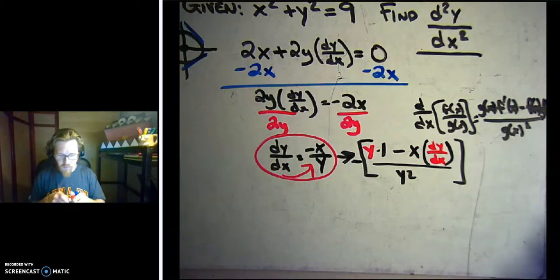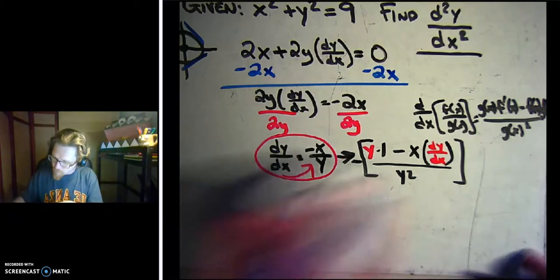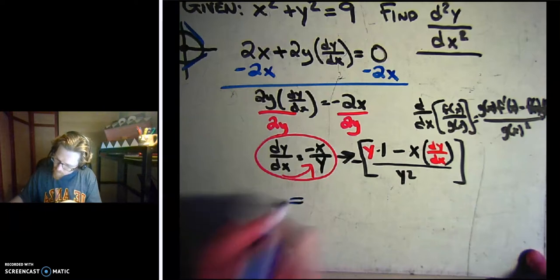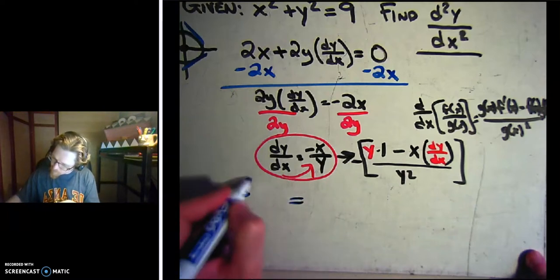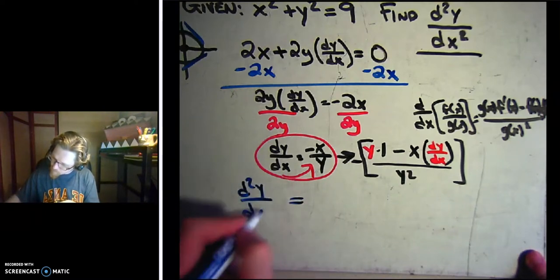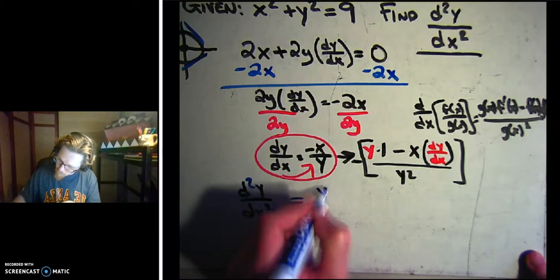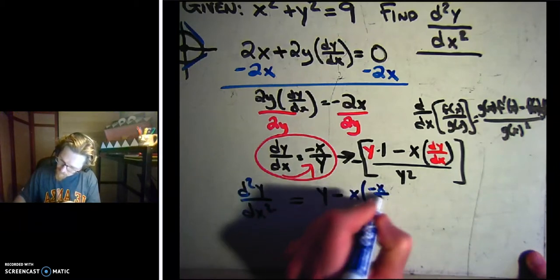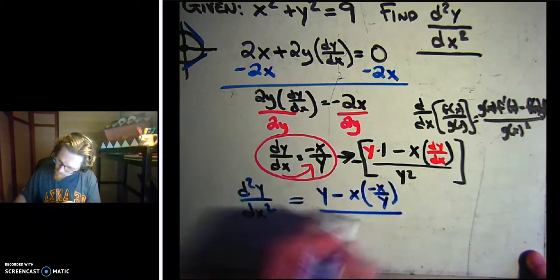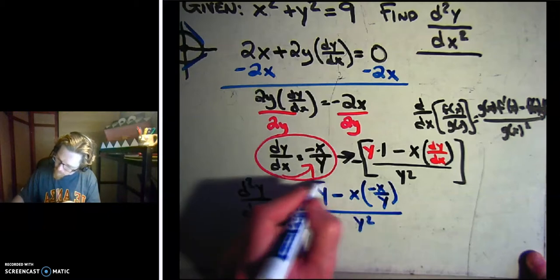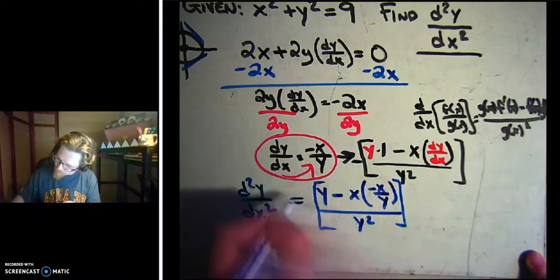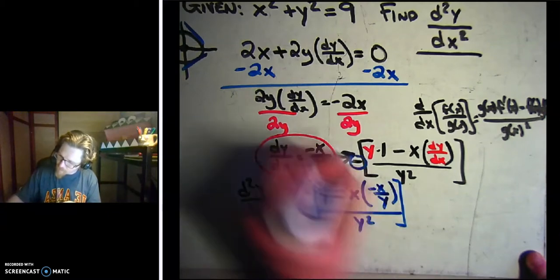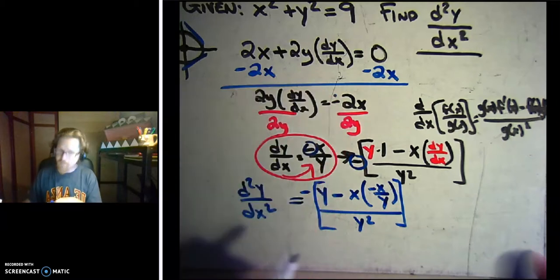So writing this out in a simplified form, my second derivative is equal to negative, y minus x times negative x over y, all over y squared. And I didn't forget about that negative that's still there.